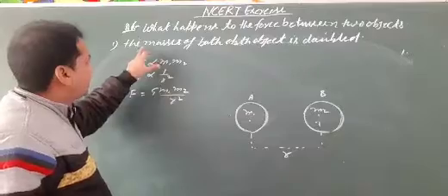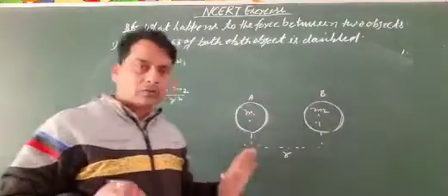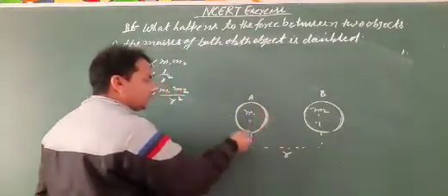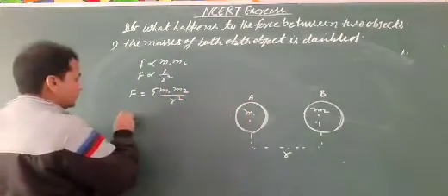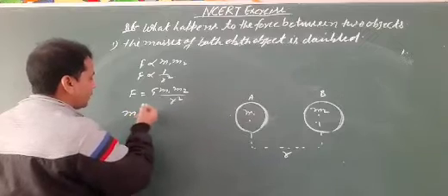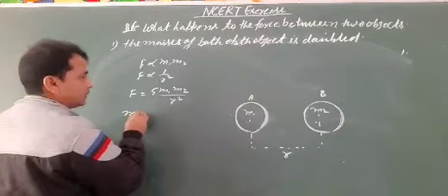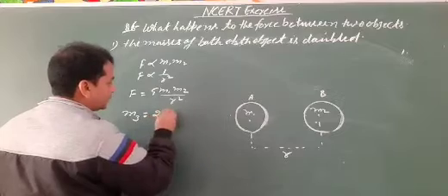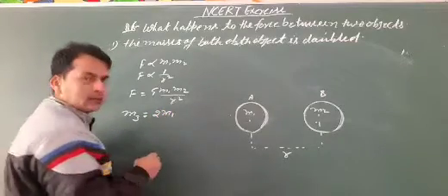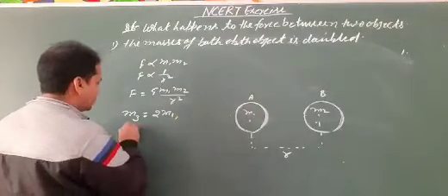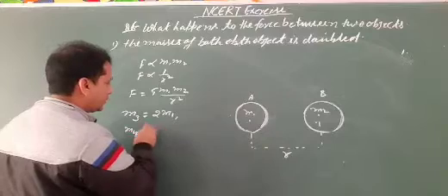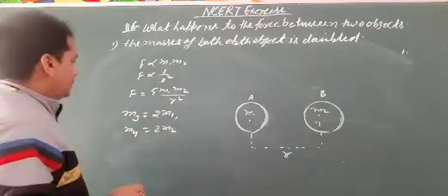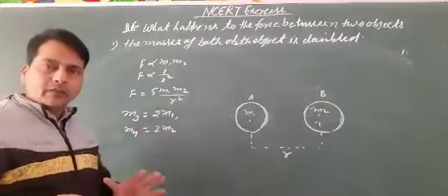Then according to this question, the mass of both objects is doubled. So the mass of both objects doubled means if the object's mass is m1, then the new mass, suppose m3, is twice the mass m1, and suppose the new mass of the other object is m4, which is twice the mass of object B. So here is the new gravitational force.